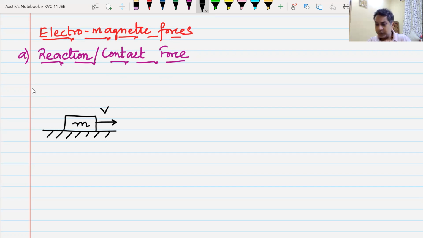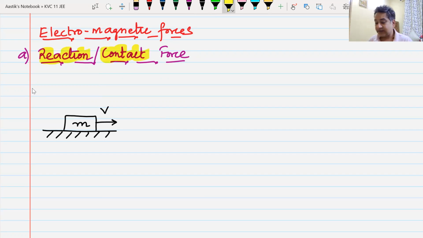Because of interaction between their molecules and atoms, they will exert forces on each other. That force is known as the contact force, or you can call it the reaction force.